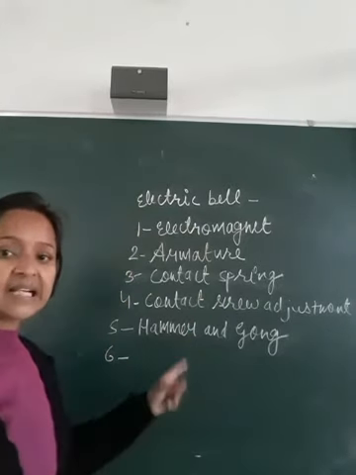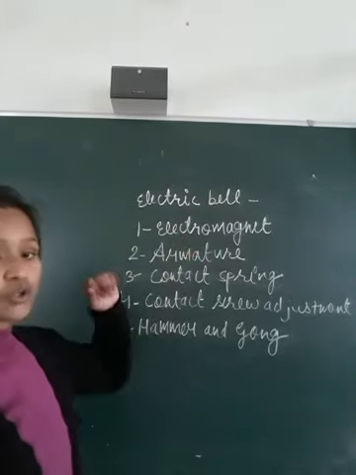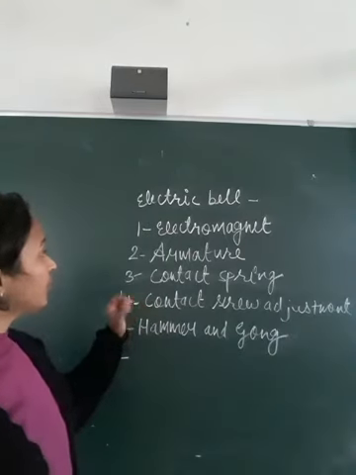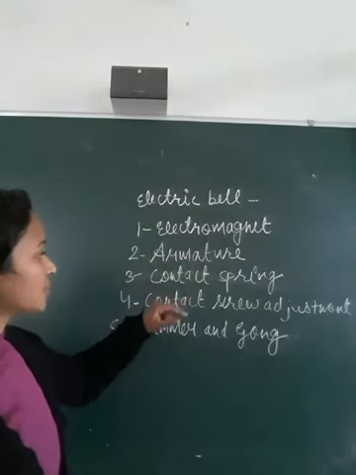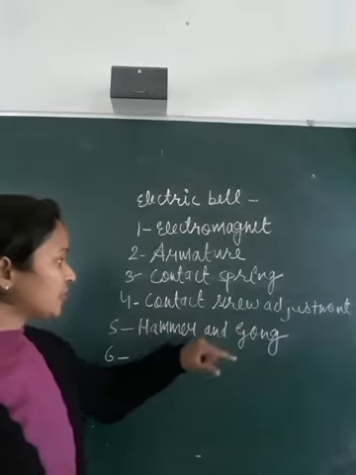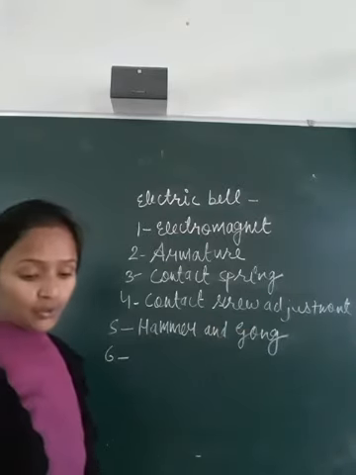So the electric bell consists of the following parts: electromagnet, armature, contact spring, contact screw adjustment, and hammer and gong.